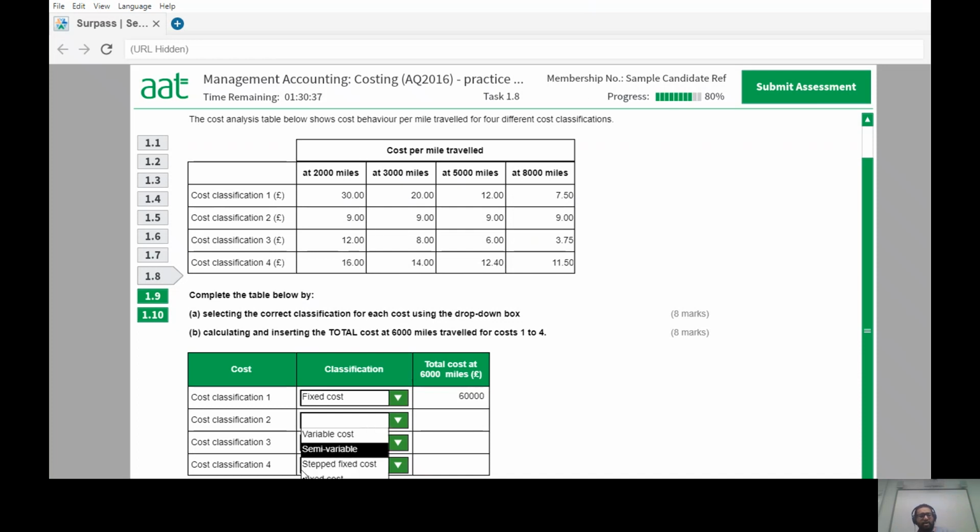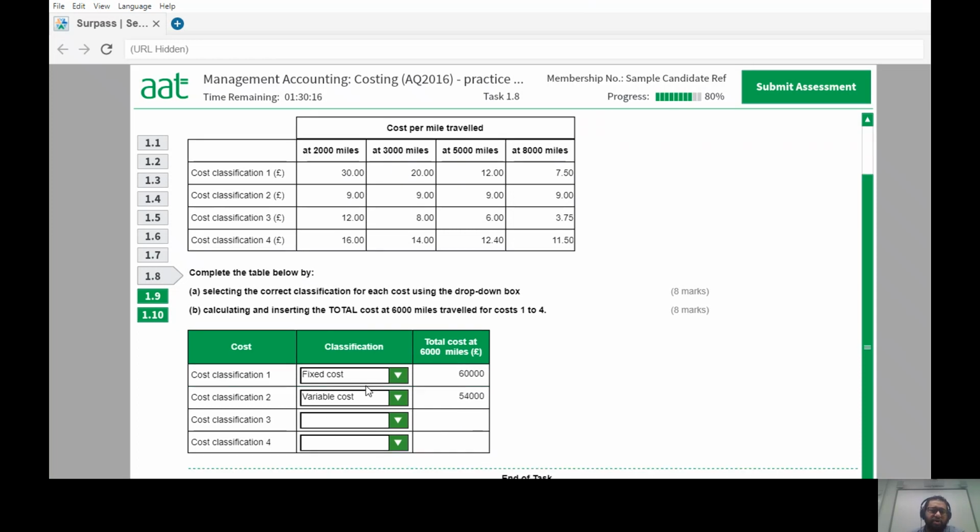So this is going to be a variable cost. What will be the per unit cost at 6,000 miles? It is still 9 pounds per unit. Multiply 6,000 by 9, and you get 54,000.